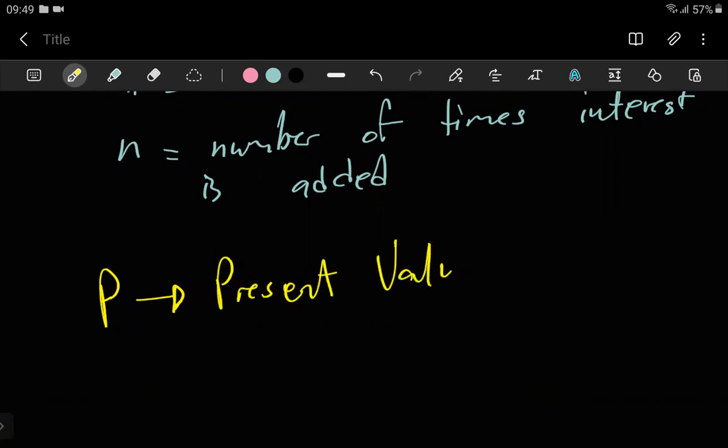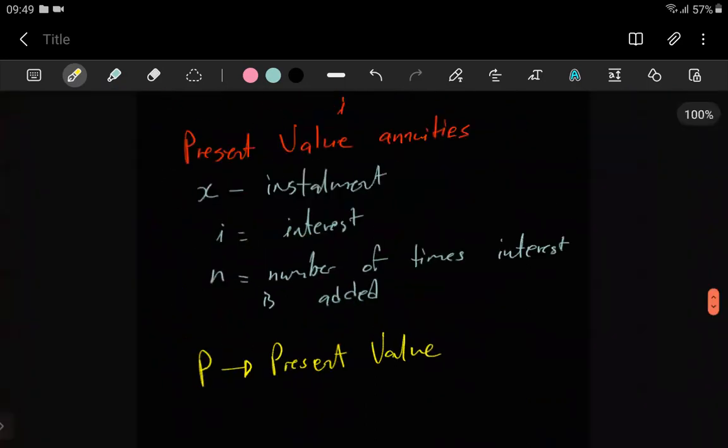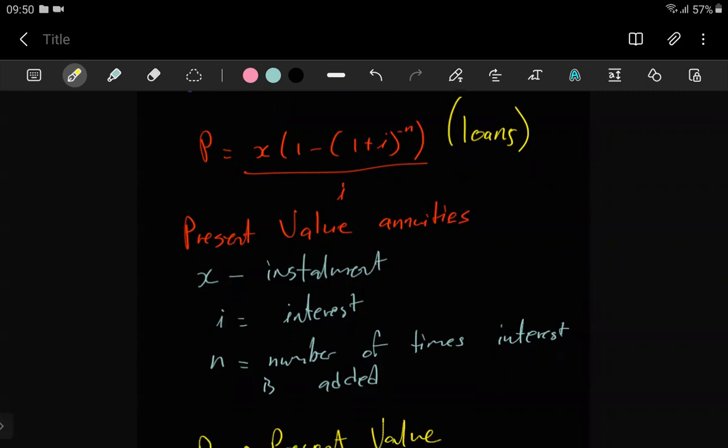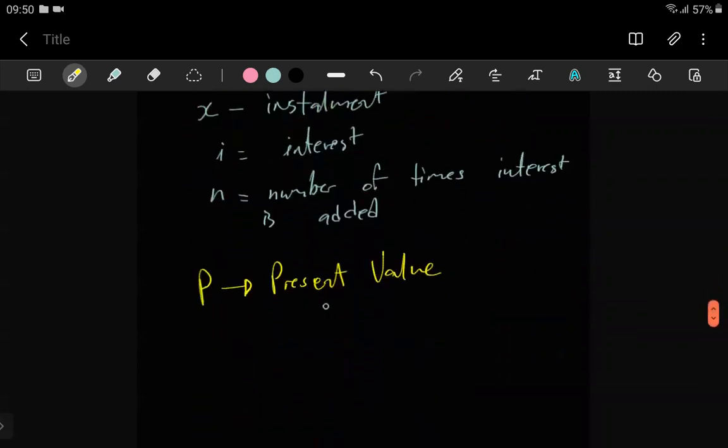What present value refers to is, in a question, P will be the amount that you borrowed, X will be the amount you'll be paying off monthly, interest is how much interest is added as long as you still have the debt, and N is how many payments you need to make to finish paying off what you owe. That's why P is present value, because it's a value that actually exists right now.